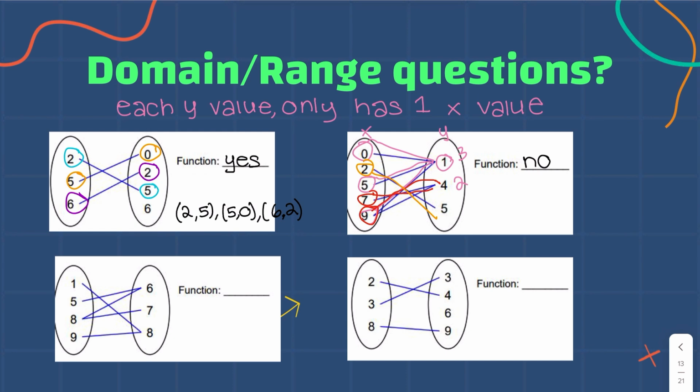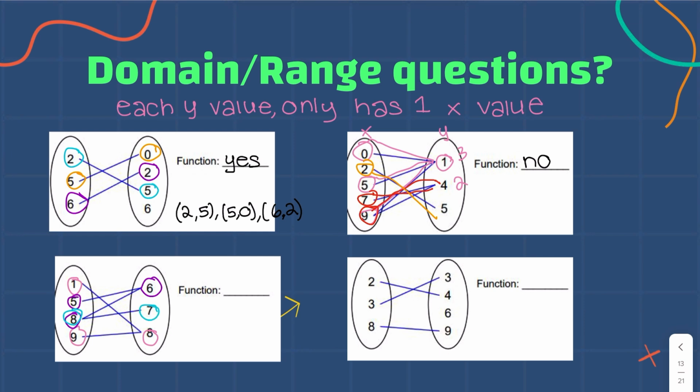Alright, so hopefully you've taken some time to pause the video and go through the last two problems. The next one, we have 1 and 9 both pair with 8. 5 and 8 both pair with 6. And 8 also pairs with 7.